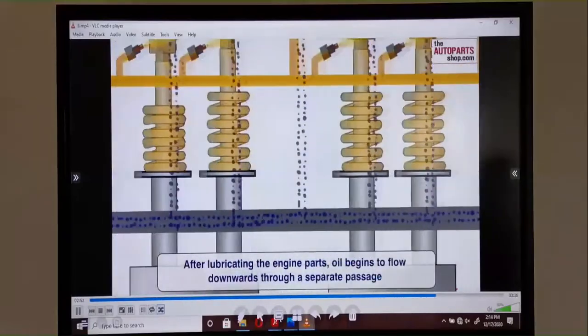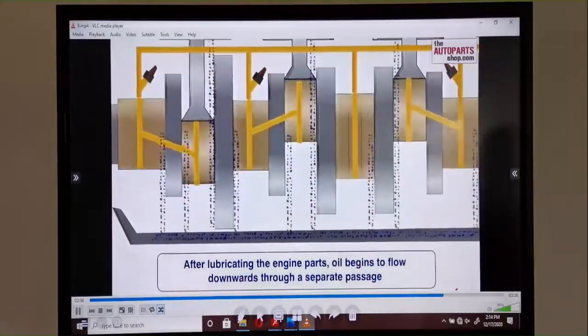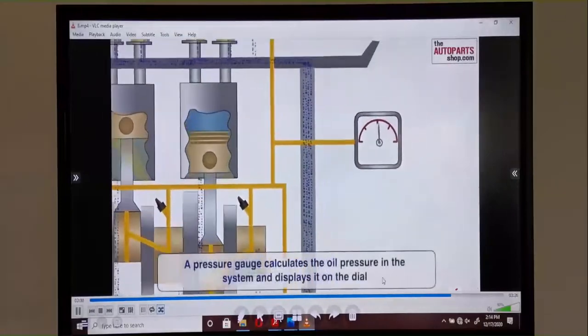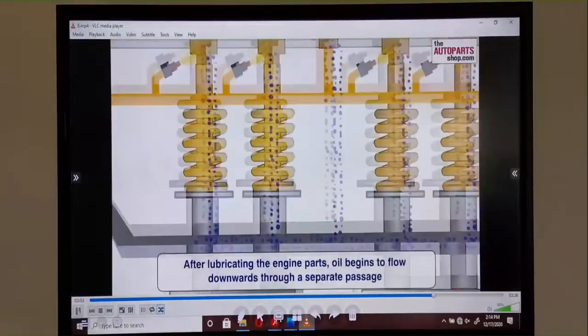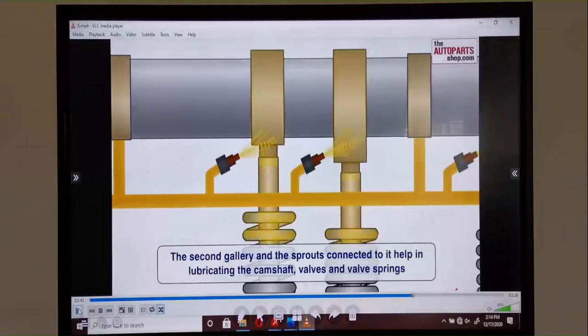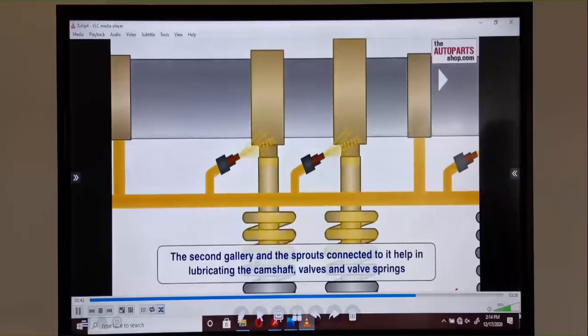After that, there is an exit passage. Okay, so this oil is applied to lubricate. After that, we need to store the oil in the oil sump. Okay, so what will happen? There's a return line.